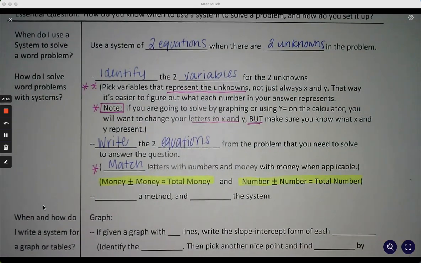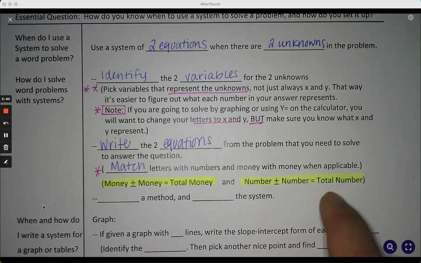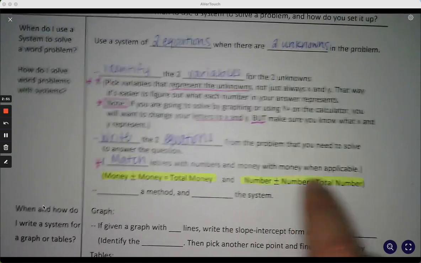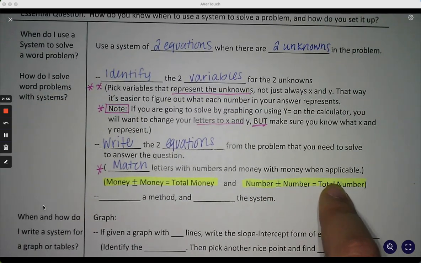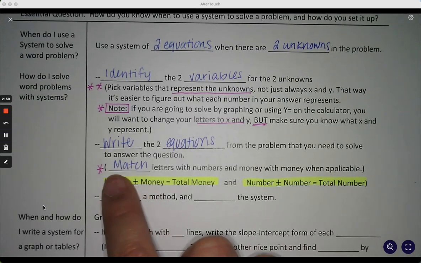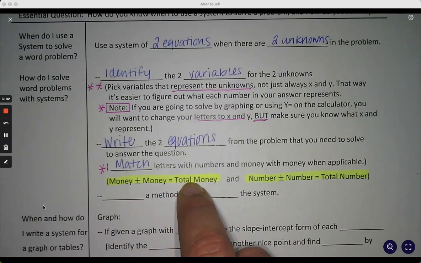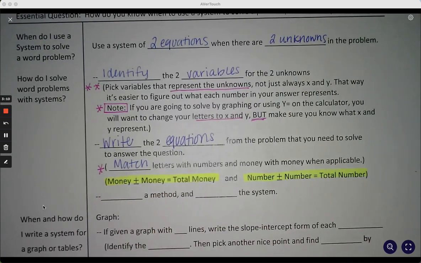So if I know that I have quarters and dimes and I have a total of 15 of them, that's where this would come into. So if we have part plus part equals whole, that's what that's going to look like. But we could also have quarters plus dimes equals $3.20, that sort of a thing, where we have money equals total.